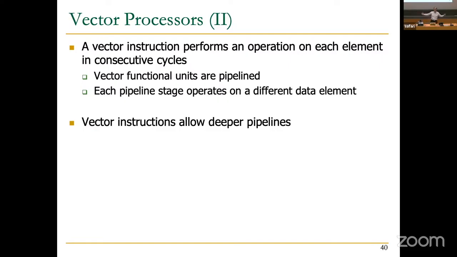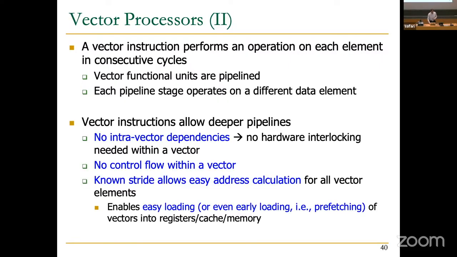Because you don't ever flush this pipeline at all. The main reason is you don't have any inter-vector dependencies. You don't need to check for them. There's no hardware interlocking in the vector. We're talking about pipelining the function units. There's no control flow within a vector. And this is going to be a lot of good things, as we will see.